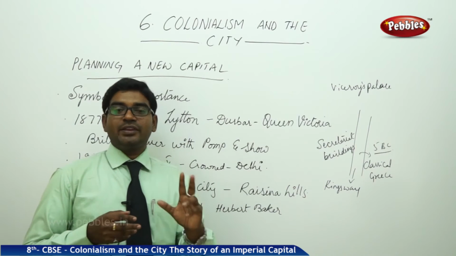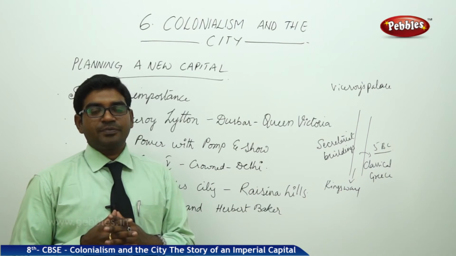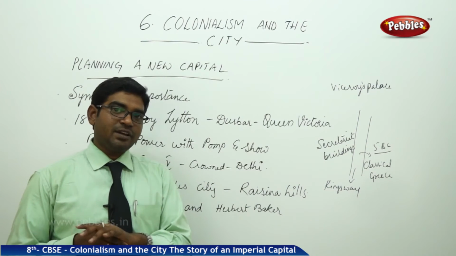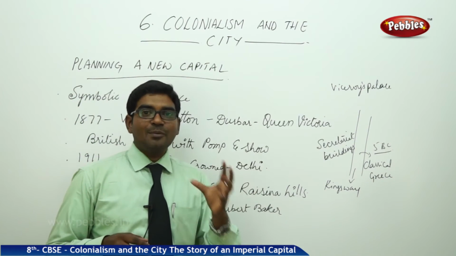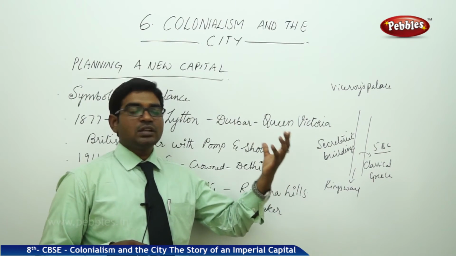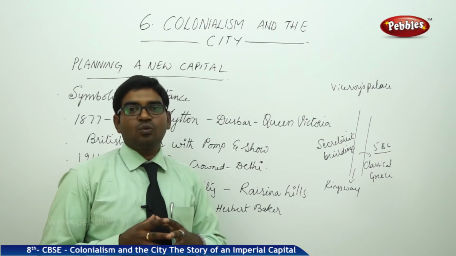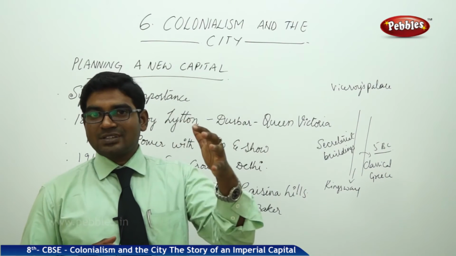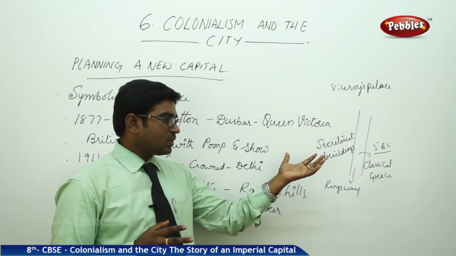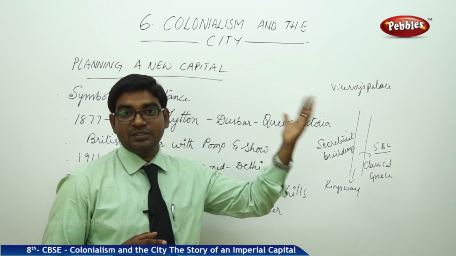It took nearly 20 years for them to build the grand new capital. And finally they succeeded in building it, with the King's Way, the Secretariat buildings on both sides of the road, and finally the Viceroy's Palace with the structure of Buddhist stupas style, adopting the classical Greece style of 5th century BC.